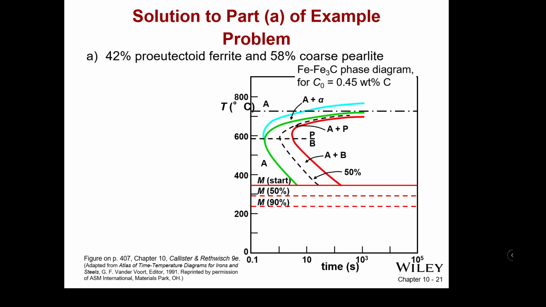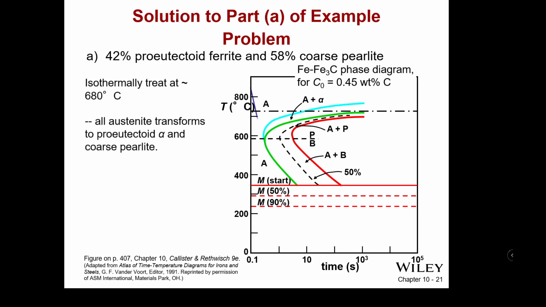So what does that look like? For the first one, a 42% proeutectoid, 58% coarse pearlite, we would have to isothermally treat at 680 C so that all of the austenite transforms to proeutectoid alpha and coarse pearlite.